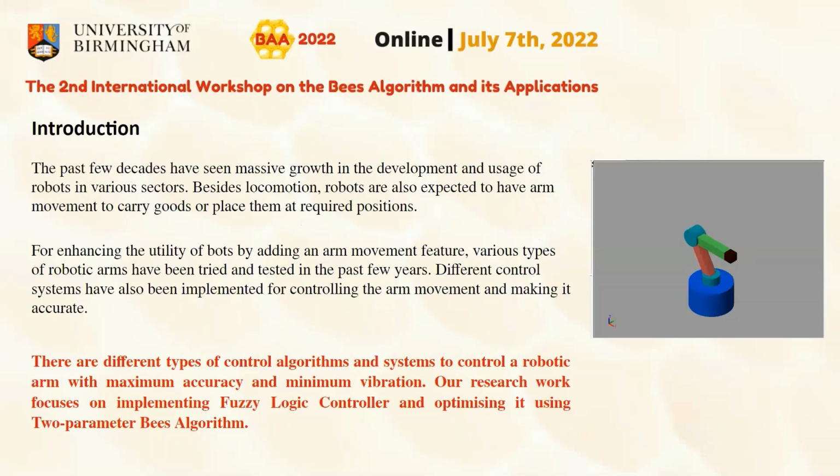Coming to the introduction part, firstly, we should know what is a robotic arm. Since the beginning of the evolution of robots and their use in industries, robots have been used for locomotion purposes, but apart from locomotion, they are also expected to have an arm movement to carry goods or place them at required positions.